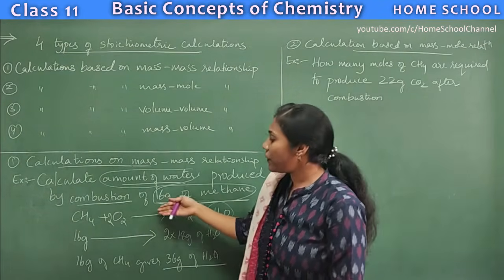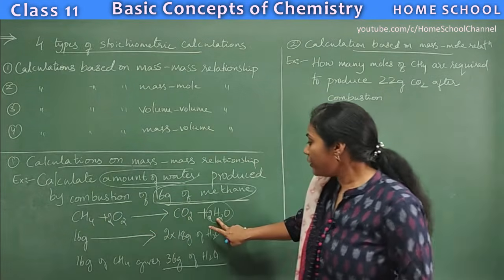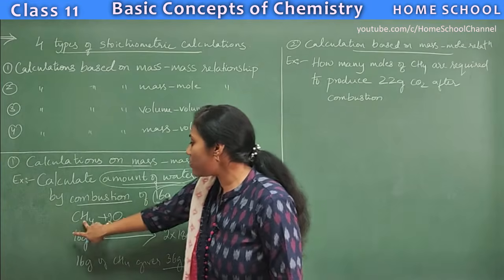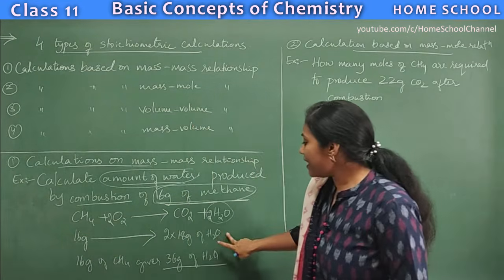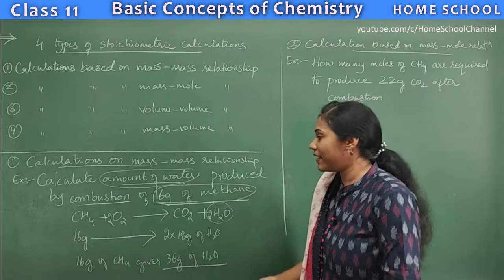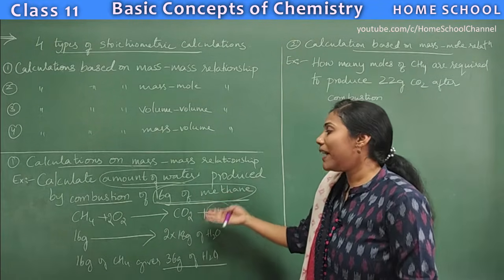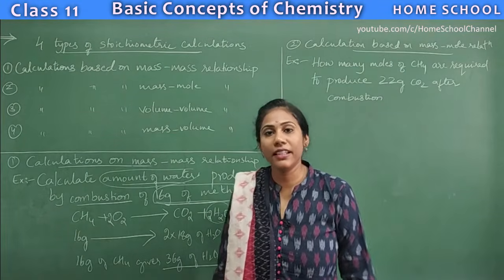It is understood from the chemical equation that 1 mole of methane is giving 2 moles of water. 1 mole means what? 16 grams. So 16 grams is giving 36 grams of water. Nothing is there to calculate. Sometimes the answer is given just by looking at the balanced chemical equation.